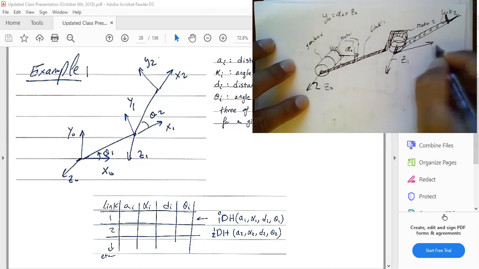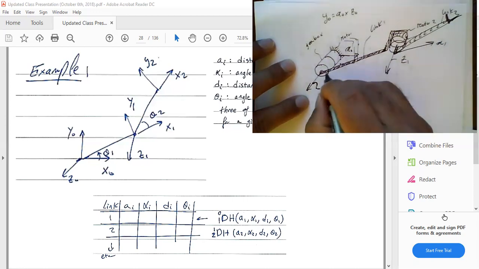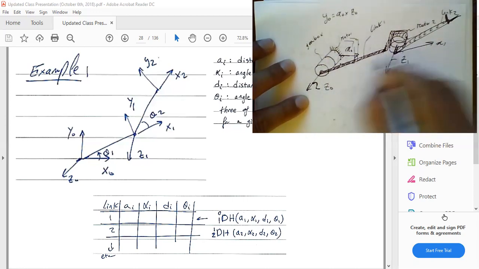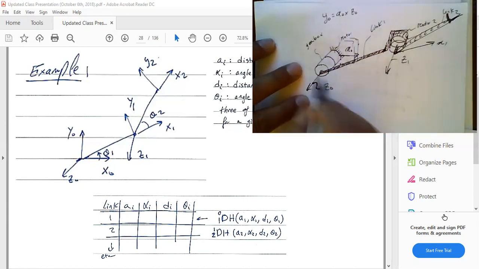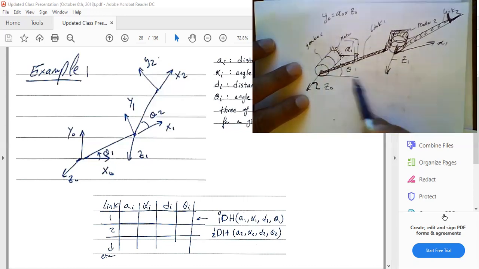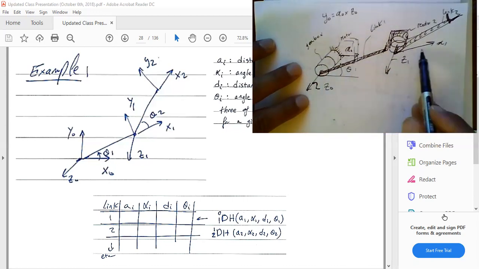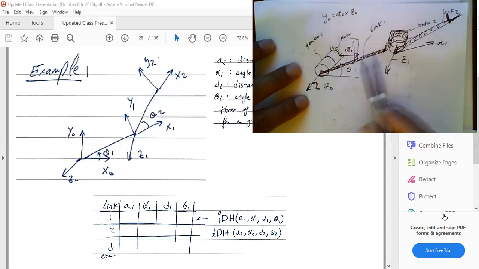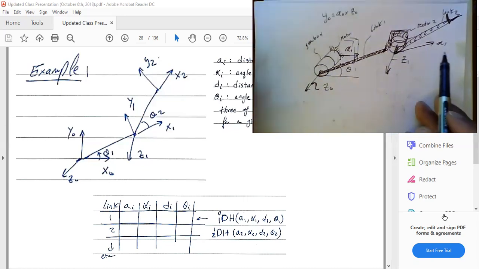So this is my X1, and X1, guys, is along that length right there. This vector is along this length here, and then this is my X0. So now you know that this is your θ1. θ1 is the angle between X0 and X1.